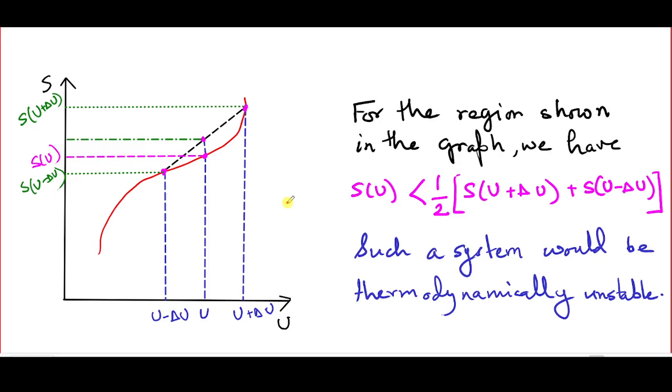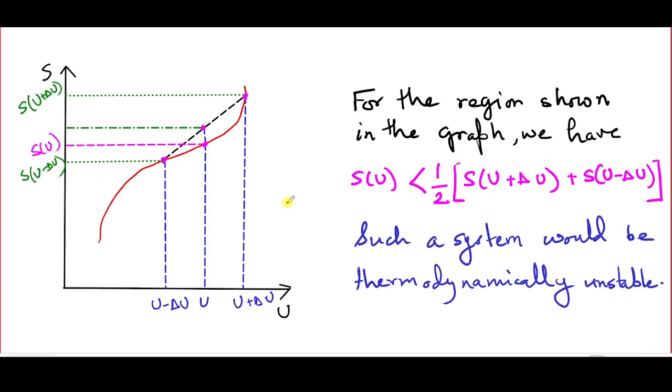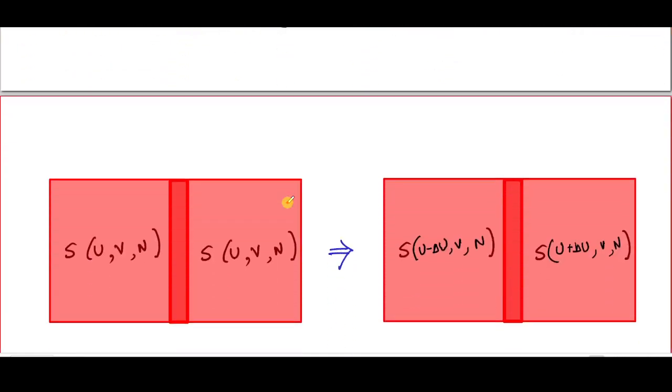And to see why, let us go back to the example that we used in the last lecture, the example of an isolated system with a wall in between. So we have a system with two subsystems on the two sides of this wall, and let's say they are both identical. They have internal energy U, V, and N on both sides, and so the fundamental equation would tell you what the entropy is on both sides.